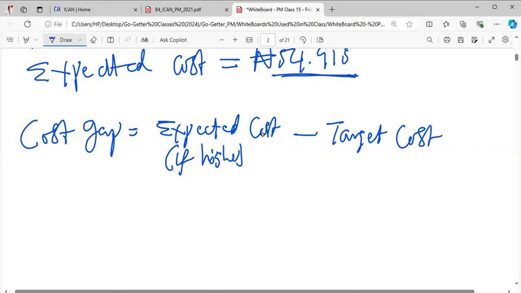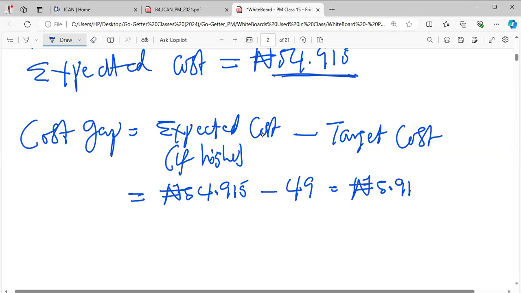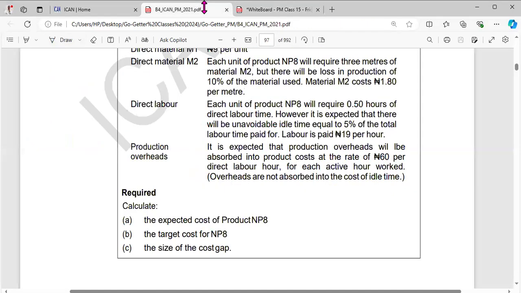Of course, if the expected cost is lower, we will not be having a cost gap. So this is going to give us 54.915 minus 49. So that should give us 5.915. That is your cost gap.